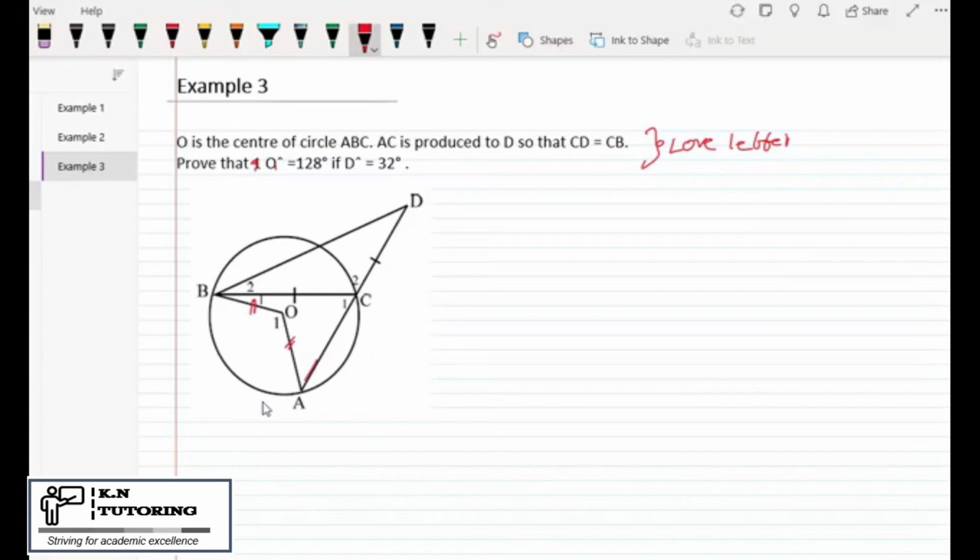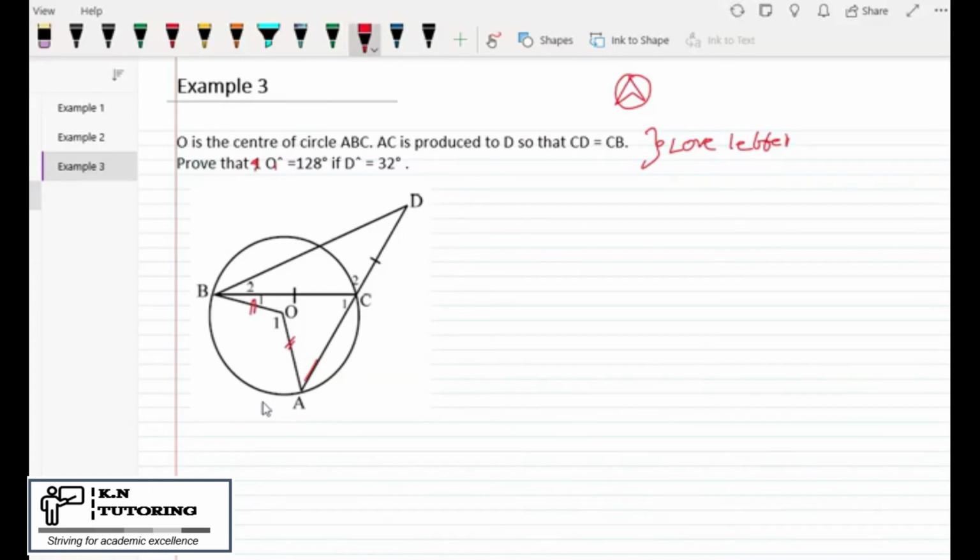Okay, we'll get to that. So there's a possibility of the angle at center is twice the angle at the circumference theorem here. Actually, it's there. You can see it. If you tilt your head, you'll see that we've got something like this. Okay, so that should be in your mind.